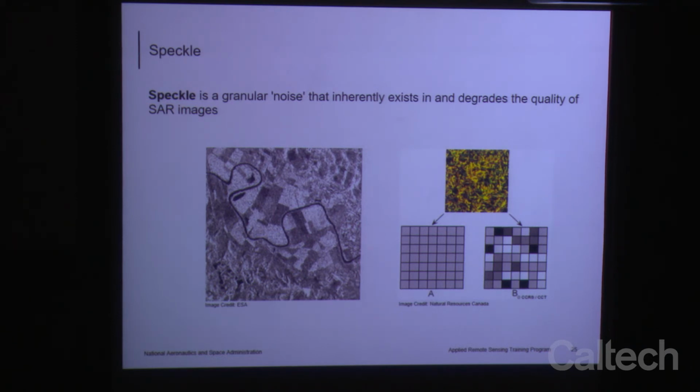This is a granular noise that's inherently present in all radar data because of the coherent nature of the measurement. If you were to consider a uniformly flat area with a little bit of roughness and just look at the radar signature imaged over that region, you would see scintillation in the image. That's what this speckle is.